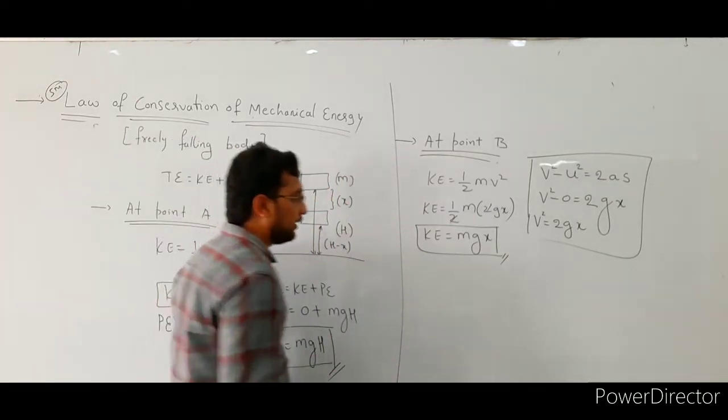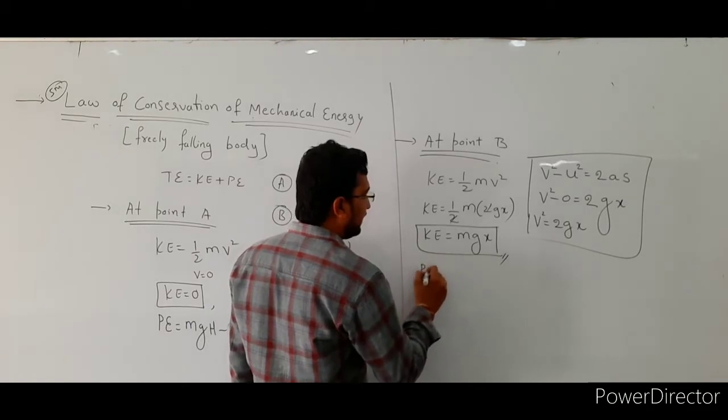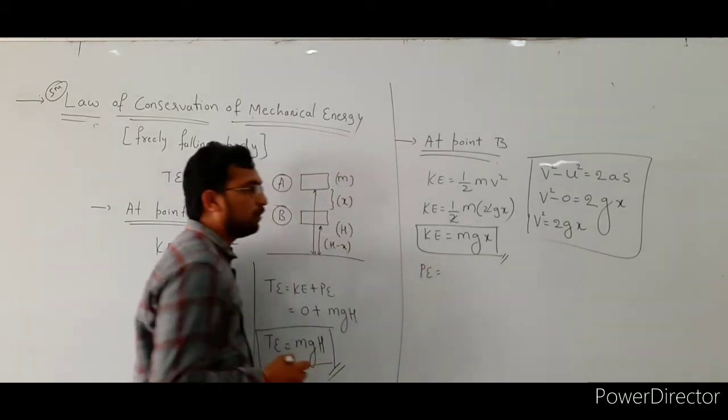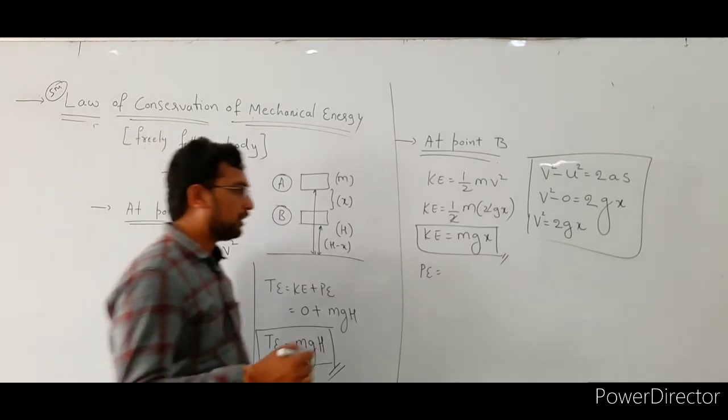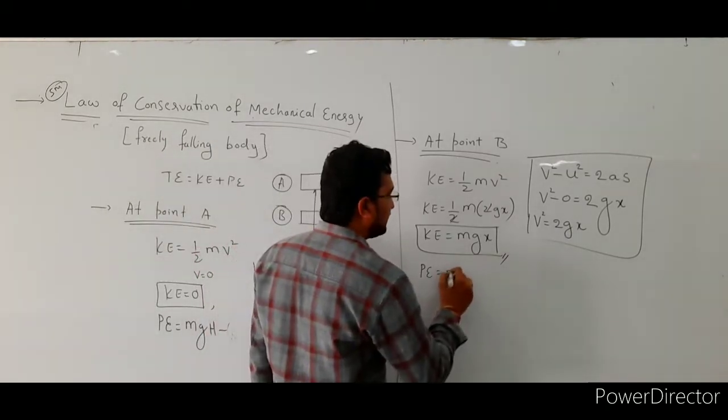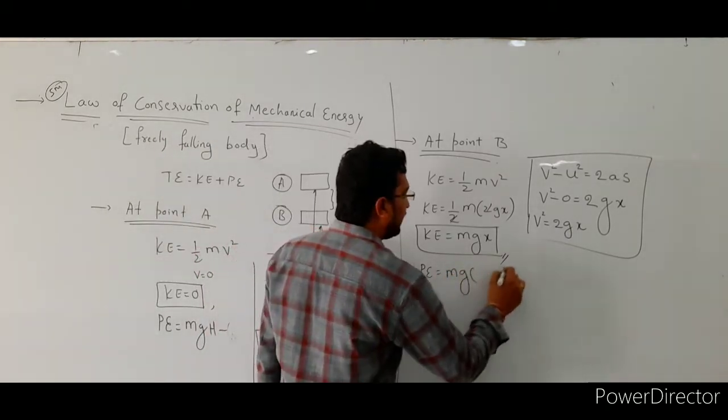Next we are going to find the potential energy at point B. The potential energy expression is mass into acceleration due to gravity into height.